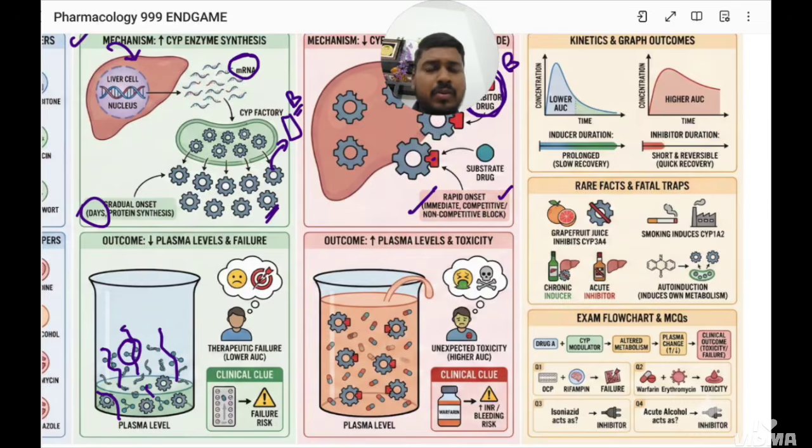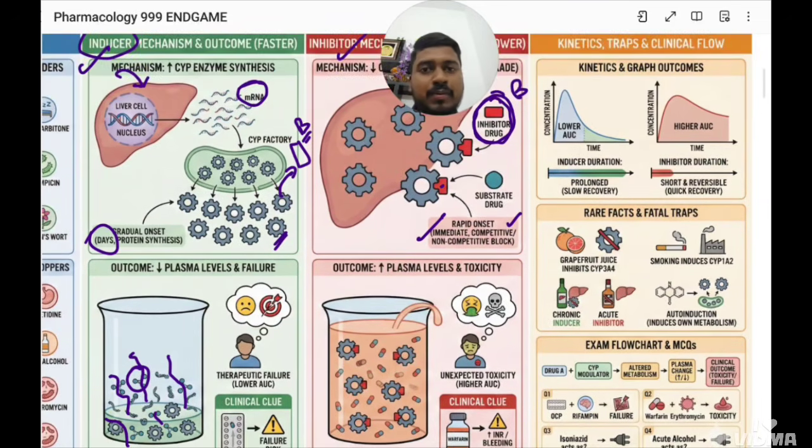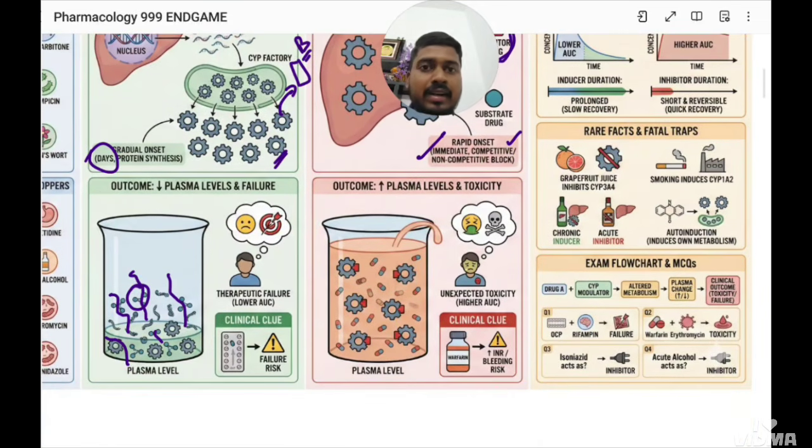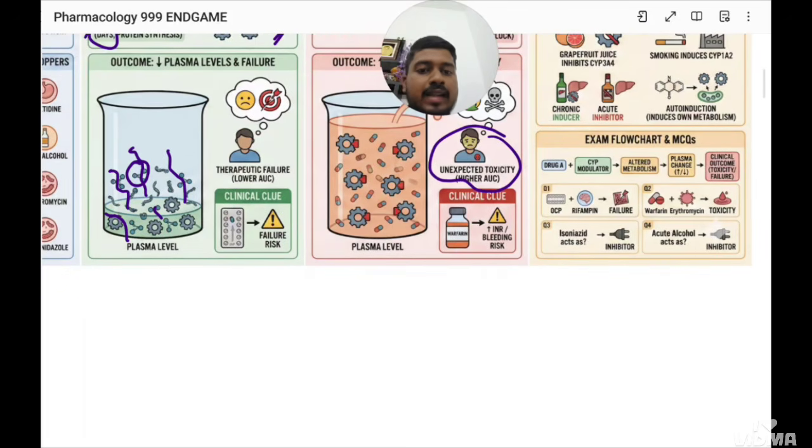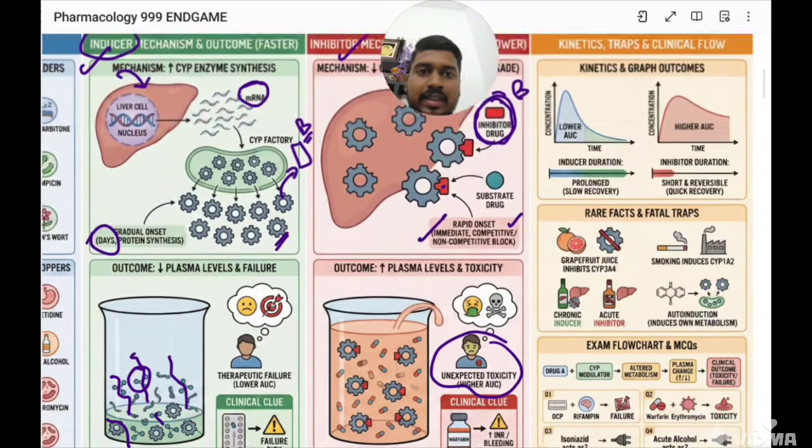It is a competitive or non-competitive type of block, whichever type of block that particular drug does on the enzyme. Because drug B is inhibiting these enzymes, the level of drug A increases because there is no one to metabolize it. As a result, it leads to toxicity. An example is warfarin, which we will be seeing in the coming video.